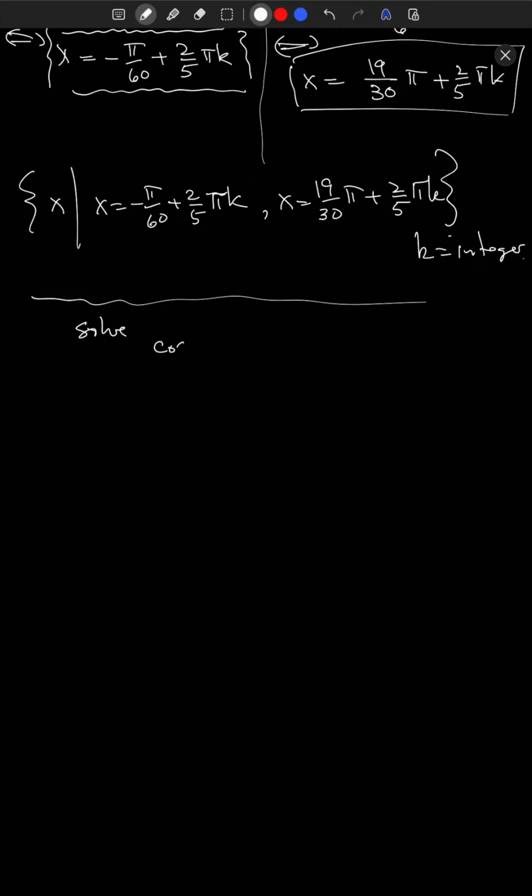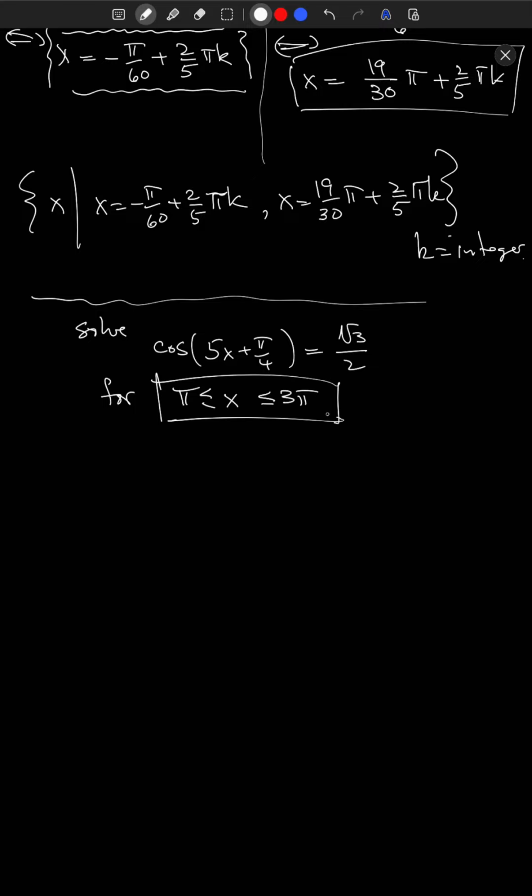Solve cosine of 5x plus pi over 4 equals root 3 over 2, except I only want solutions for x between, let's say, pi and 3 pi. So this is a kind of interesting problem because now we're not looking for every single x. We're only interested in specific x that's between these two numbers.